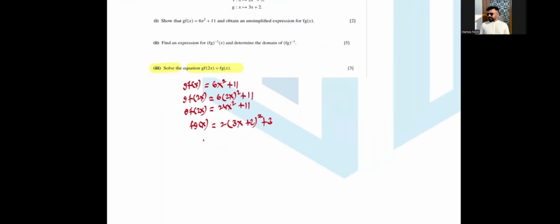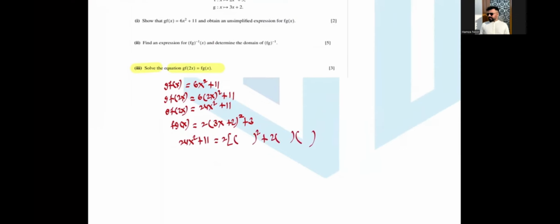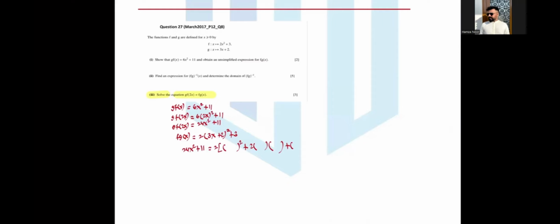Over here, 24x square plus 11 is equal to what? 2 times, I'm going to expand this, (3x plus 2) whole square. So a square plus 2ab plus b square and then plus 3 in the end.